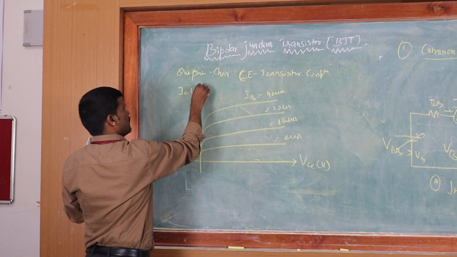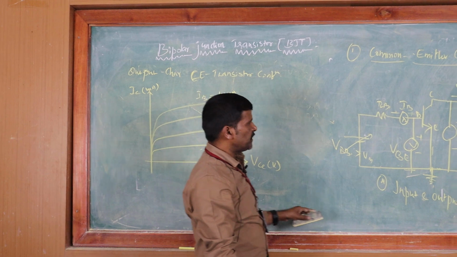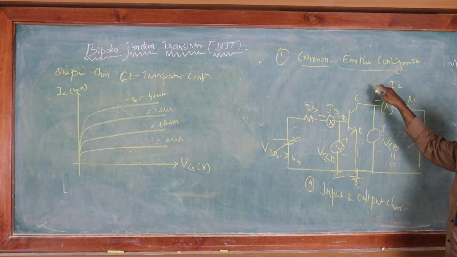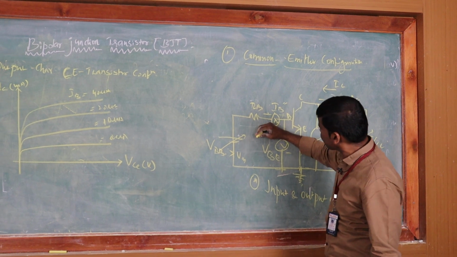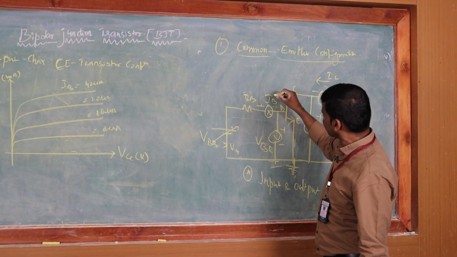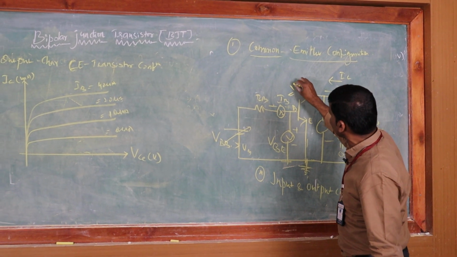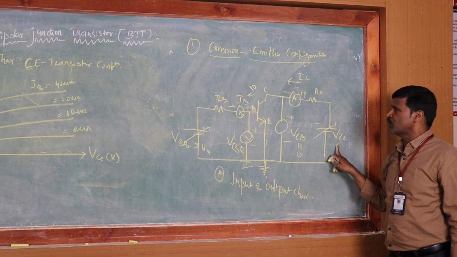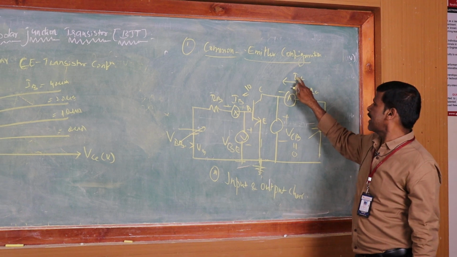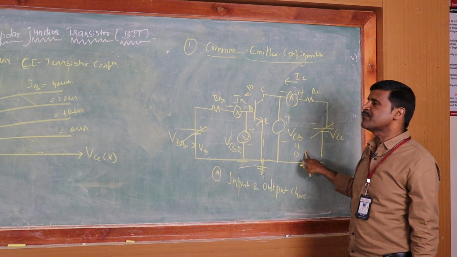IC is in milliamperes. In order to find the output characteristics of any CE transistor configuration, first in the input side you need to keep IB constant at some value, and by varying the VCC output junction voltage you need to note down the IC value and VCE value.